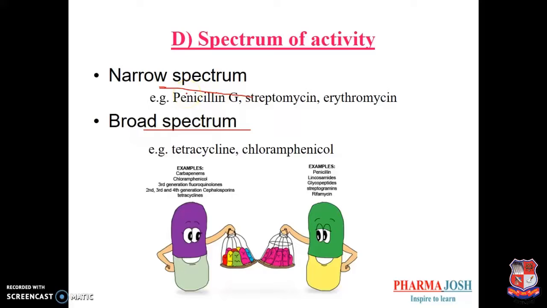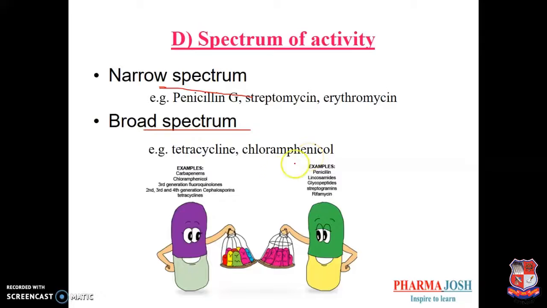Narrow spectrum means these agents bind with only one variety of bacteria, fungus or virus. Examples are penicillin G, streptomycin and erythromycin. Broad spectrum drugs inhibit gram positive as well as gram negative bacteria.